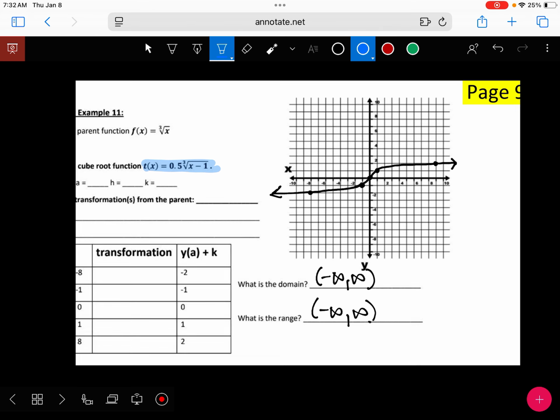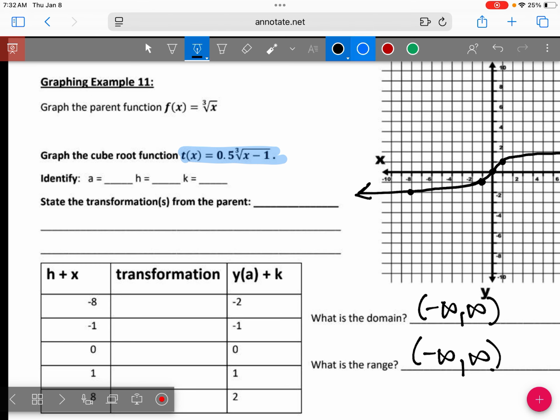So now what's the number in front? 0.5. So this time it's going to get flatter, which is the same as compress.